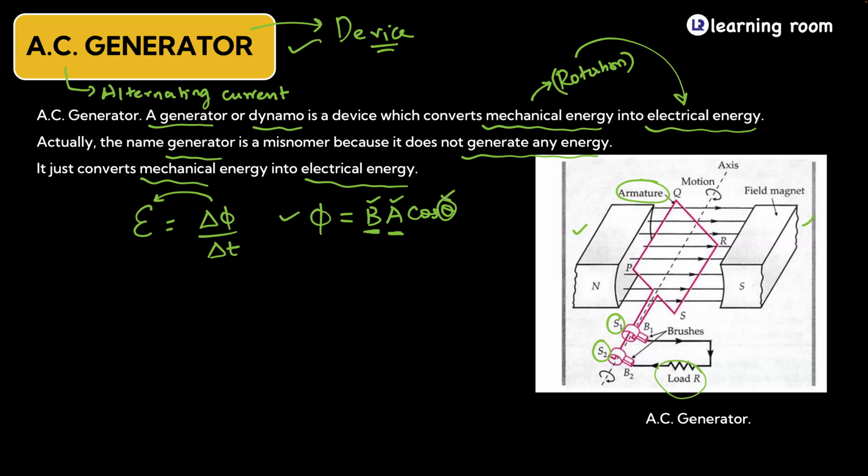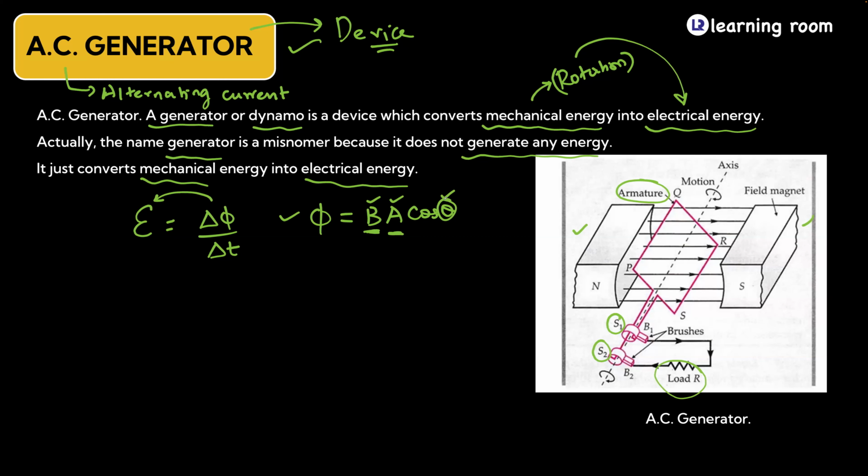Right? So this is one case where the flux is changing due to the orientation. In all other cases, we would have seen either the magnetic field will change or the area will change. For example, when we discussed motional EMF, the magnetic field was constant, but the area was changing. You remember that the conductor was moving. When the conductor moved, that rectangular area was changing. In this case, the area is fixed, but the orientation is changing.